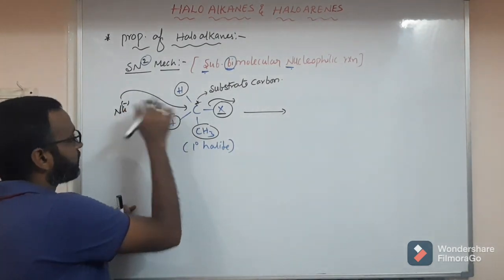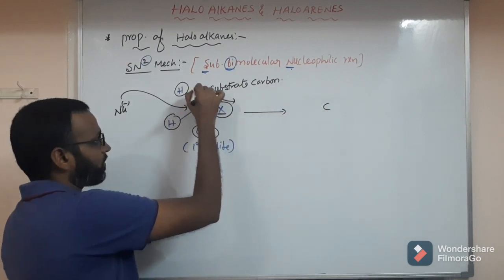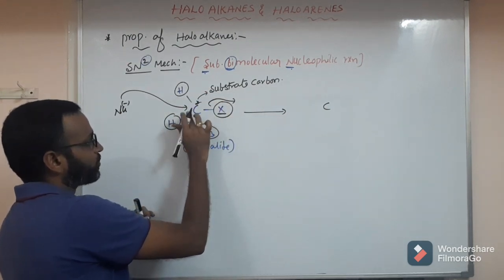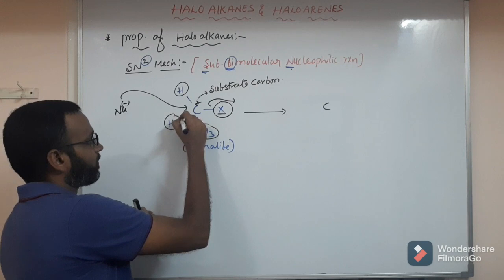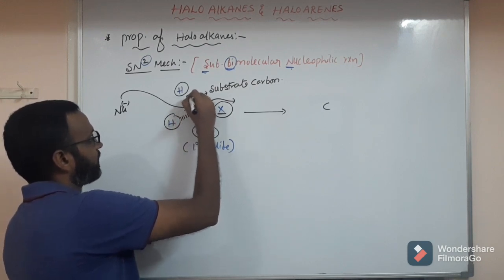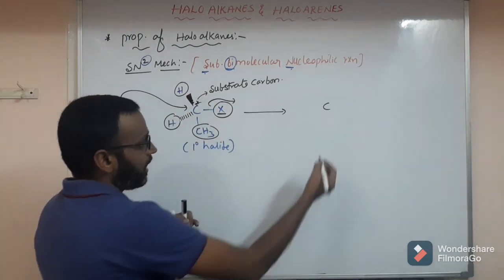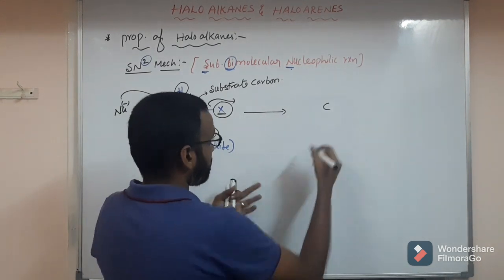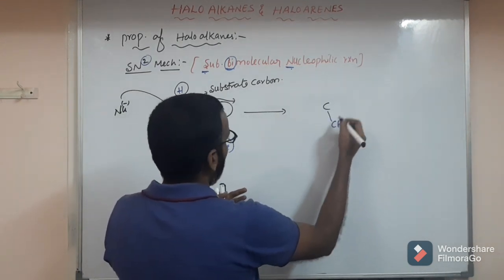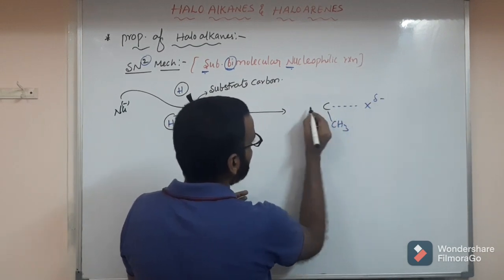Okay, now what happened? This C you are having: actually one group should be above the plane, one on the plane, and one below the plane, like that we have to show it. And here, this is above the plane, certainly you have more space, and these two are within the plane. So here within the plane you have this methyl, and this X will be removed simultaneously, delta minus.